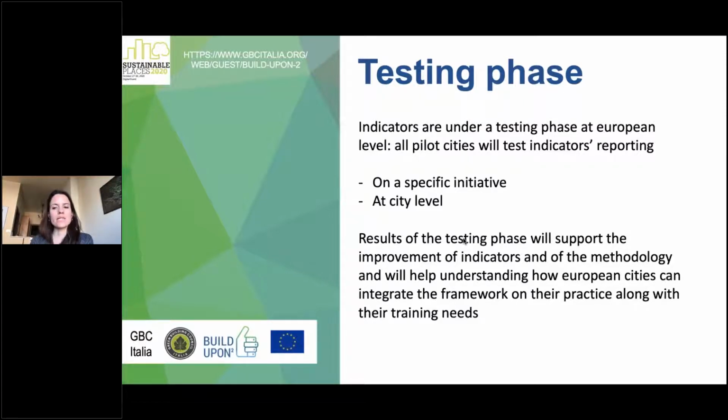The Italian testing phase is taking place this week. Actually, we will start tomorrow afternoon. The city of Padova has already produced an internal report in which they analyze one by one the core indicators of the framework that I showed you before, and we will discuss the results in the coming days.